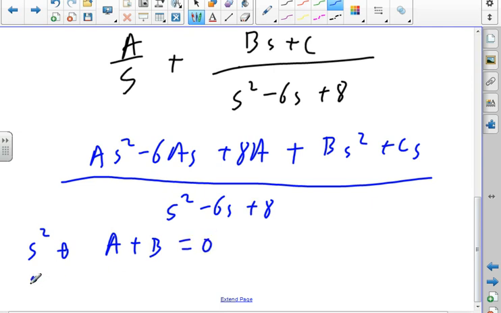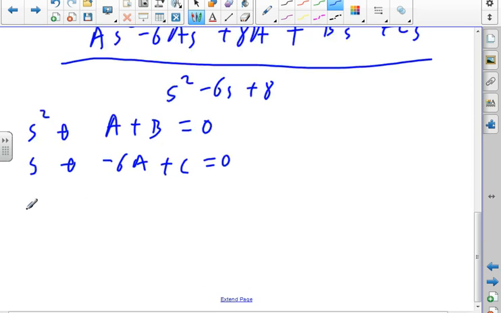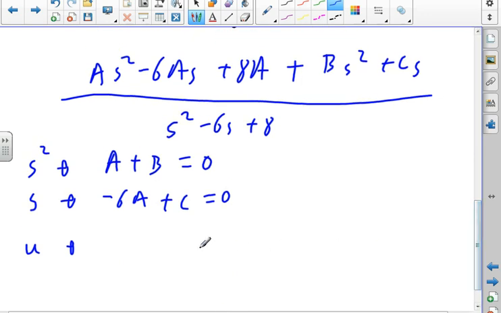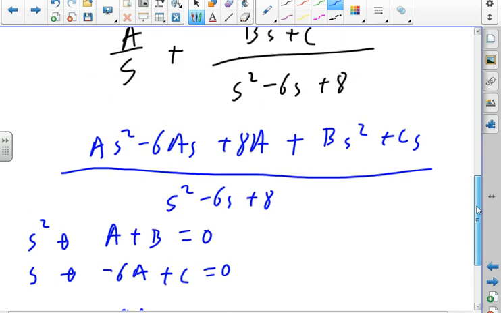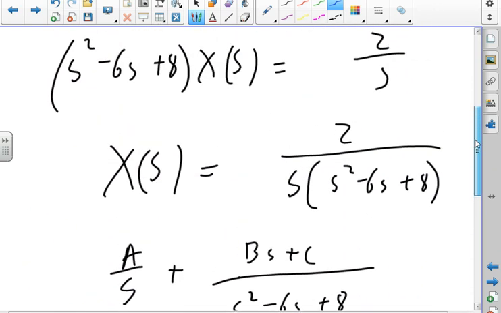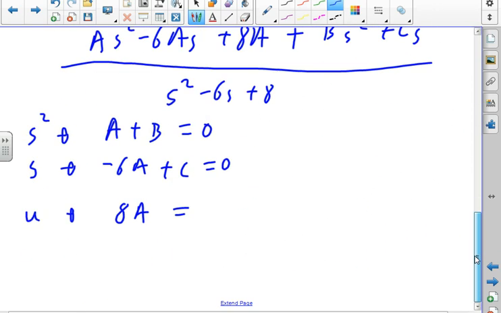And then I look at the s term, and I have minus 6a plus c, and it has to be 0. I look at the unit term, and I have 8a, and it has to equal 2. That 2 sitting right there.